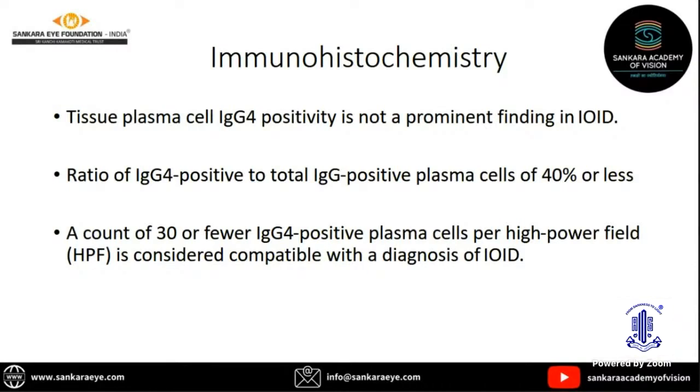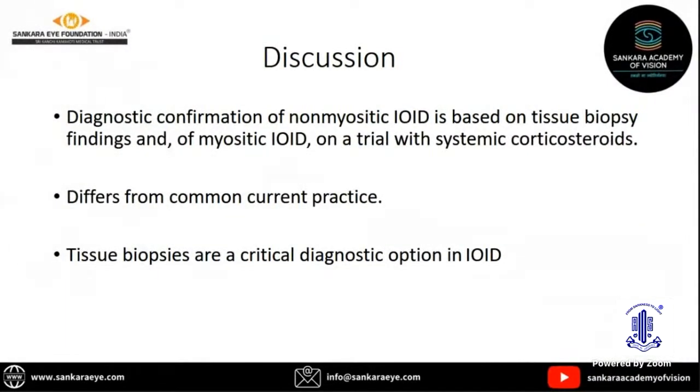But IgG4 positivity is not a prominent finding in IOID because it can happen in other orbital diseases too. If the ratio of IgG4 positive to total IgG plasma cells is less than 40, it is significant. And the presence of IgG4 positive plasma cells of 30 or less is compatible with the diagnosis of IOID.